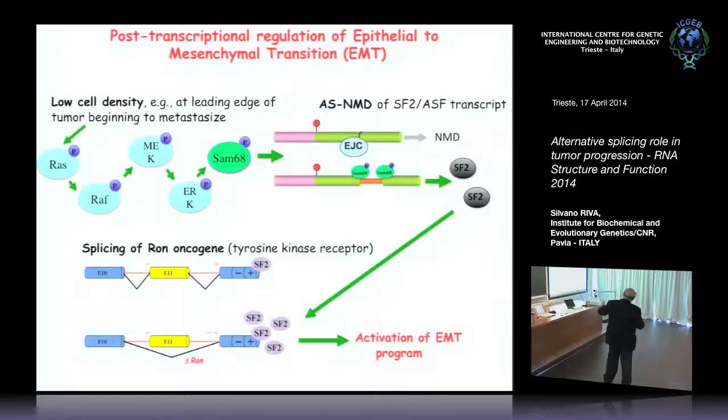SAM68 binds to the SF2 3' UTR, prevents skipping of the exon and the degradation. And so you have an increase of SF2, and the increase of SF2 binds to the enhancer and causes skipping of exon 11, and finished.